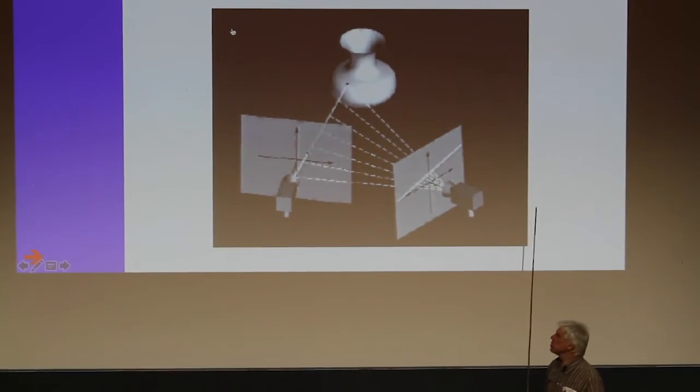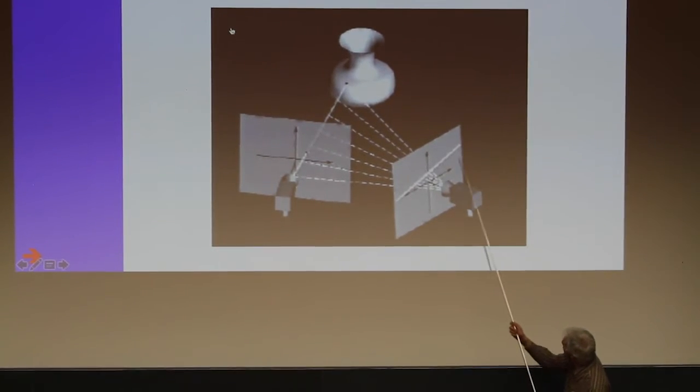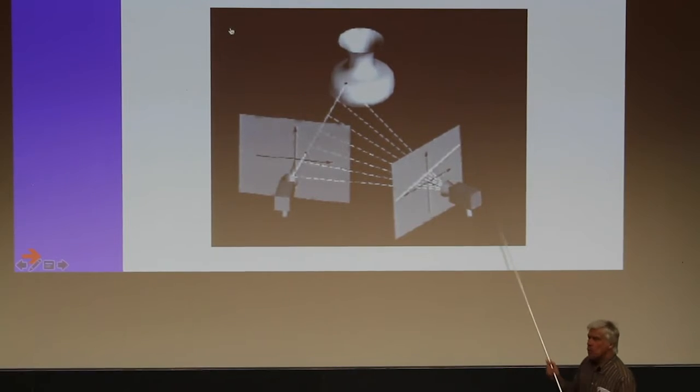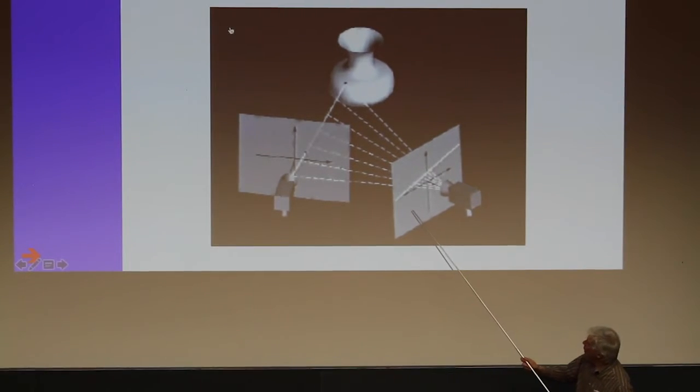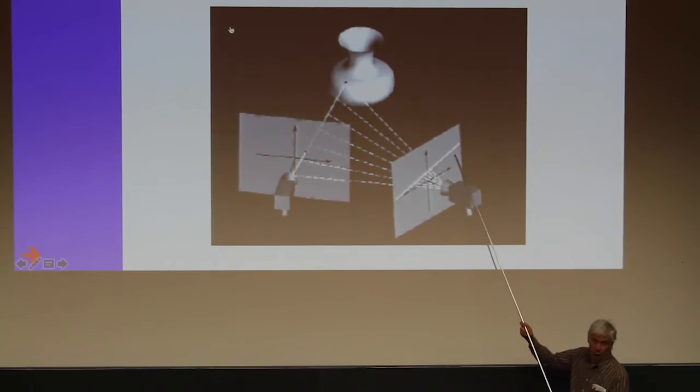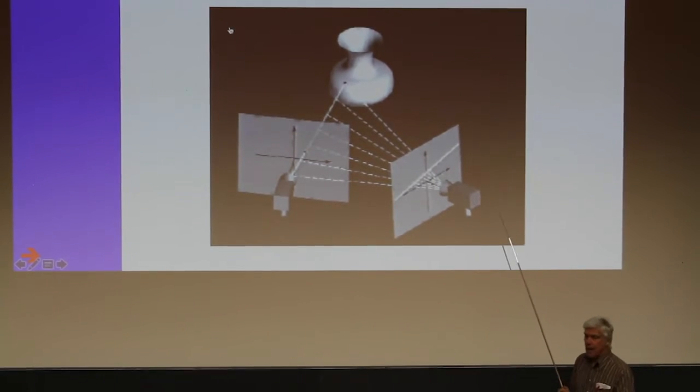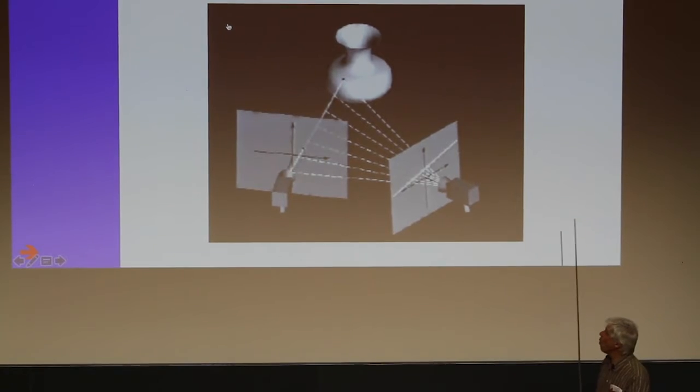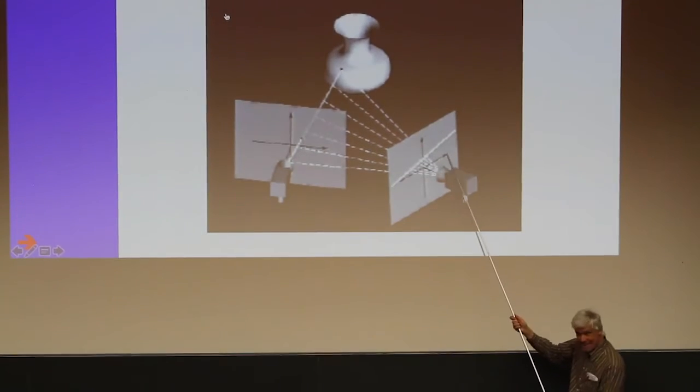And that's important because now, instead of having to look for the corresponding point anywhere in this 2D image, we only have to look along a 1D line for the corresponding point. And that's a lot less work. Now, of course, that only works if you know where that line is.